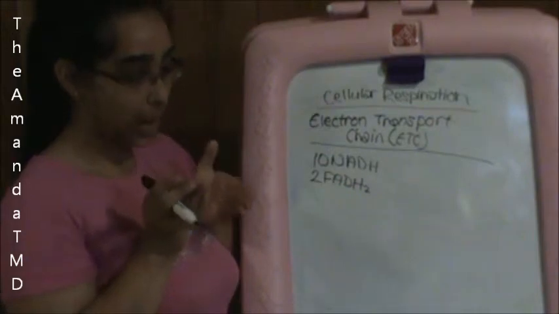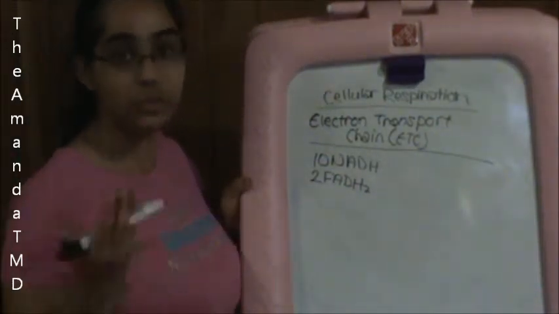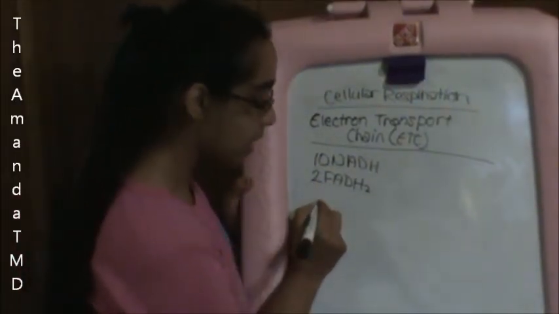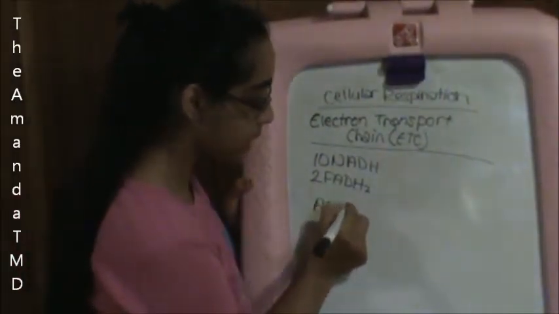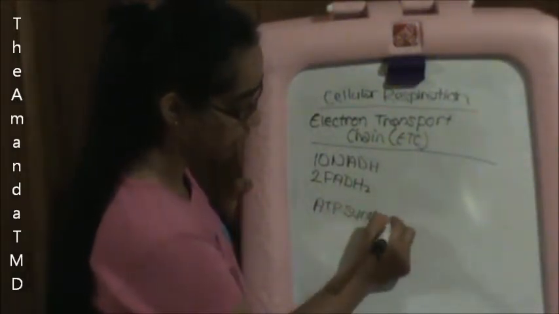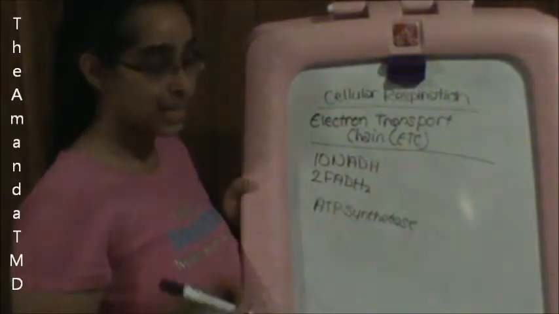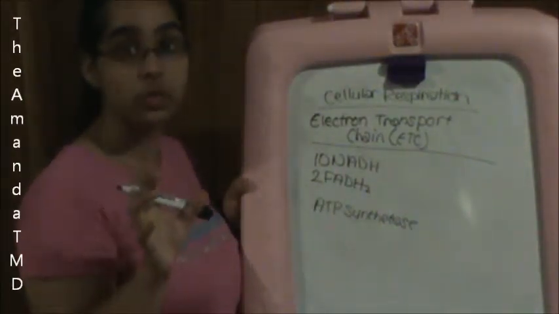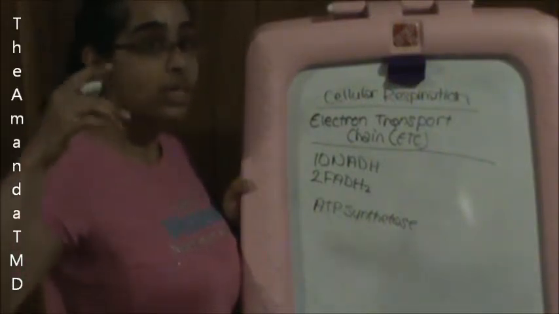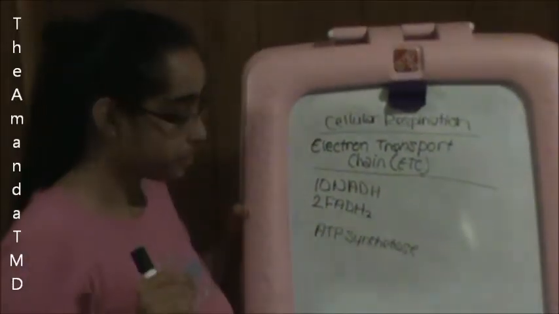So basically what happens is oxidative phosphorylation, which is another name for the complex 5, and what happens there, you have an enzyme called ATP synthase, or synthetase. And what it does is it takes ADP molecules and phosphate molecules and runs a proton gradient.